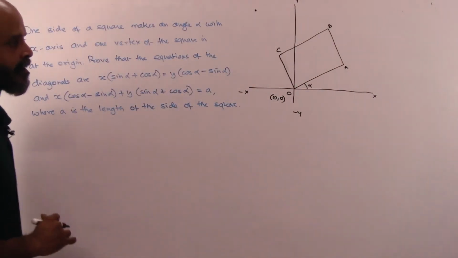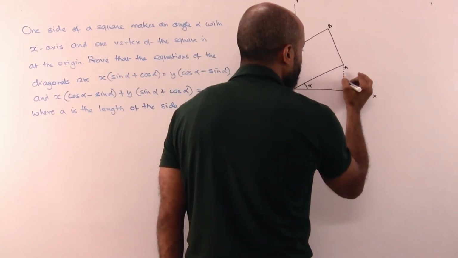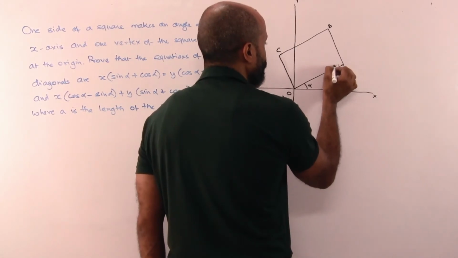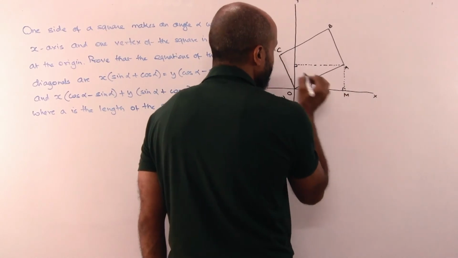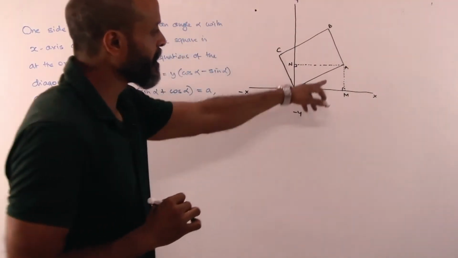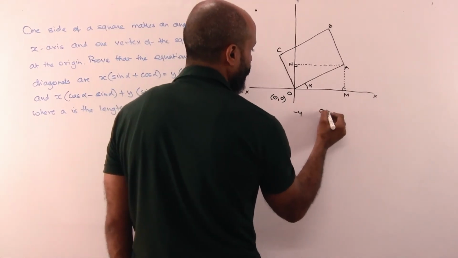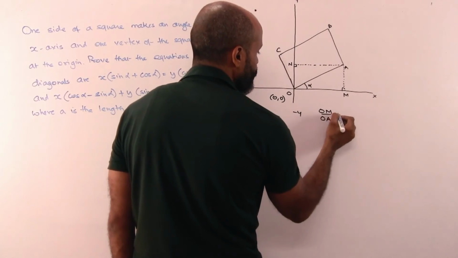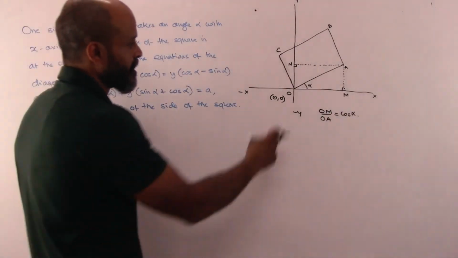Okay, so now what will be the coordinates of the point A? So let's say if I drop a perpendicular here, and if I happen to drop a perpendicular here, so let's say this is M and this is N. So what will be the length of AM? So we know that OM base upon OA is equal to cos of alpha. That is something which is known to us in this triangle.